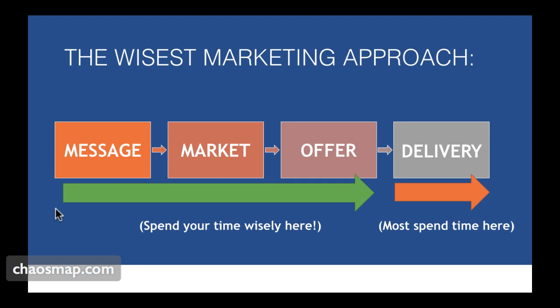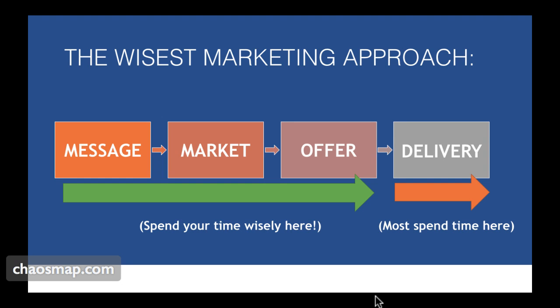So the message, the market, the offer, and then, of course, delivery. Whether that's physical or delivery over time, spread out maybe into a membership, continuity programs, et cetera. When you look at this, you understand that there's a lot of complexity in all of this.